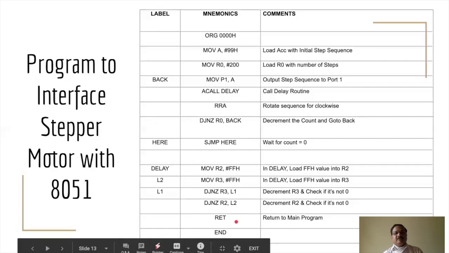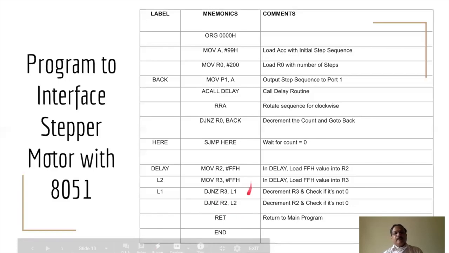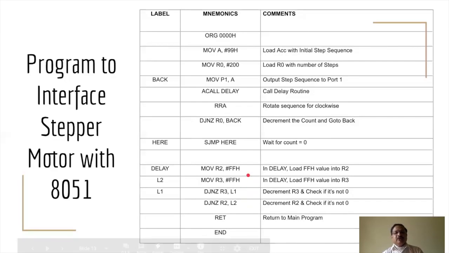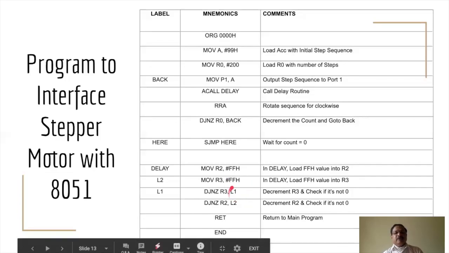The RET requires only 1 machine cycle. From that, we can calculate that the time required for 1 machine cycle is approximately 1.085 microsecond. And then we consider how many times the loop should be executed, L1 and L2. From that, we can calculate the exact delay.